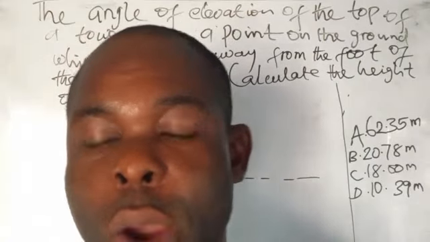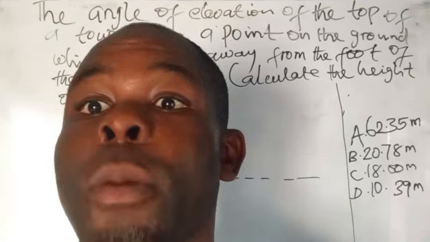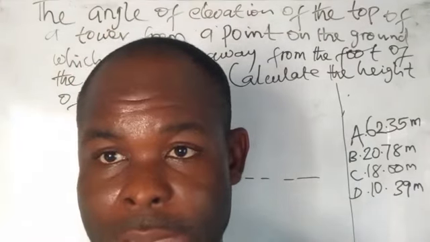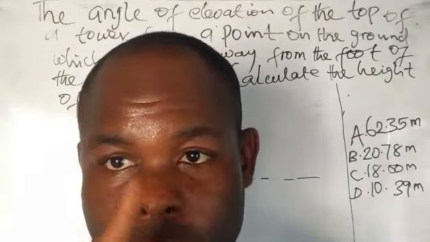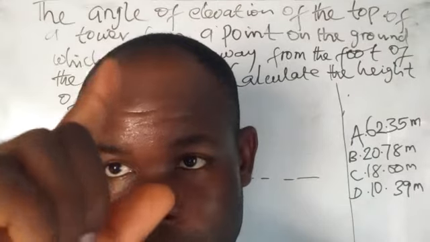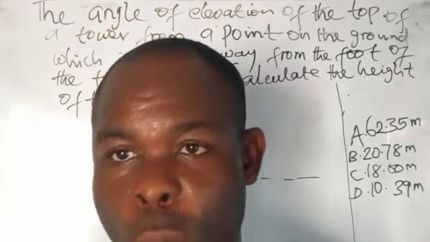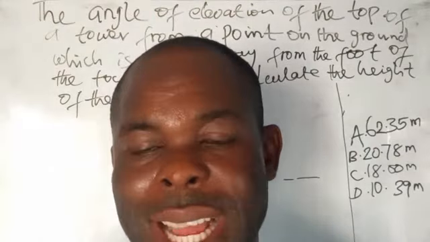So now what do I do? I will look up. This is the normal level of my eye horizontally, but now I want to look up, not vertically upwards, but slightly upwards. That's how I will look.